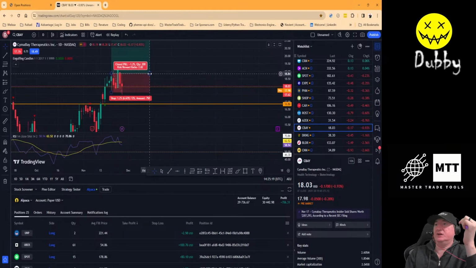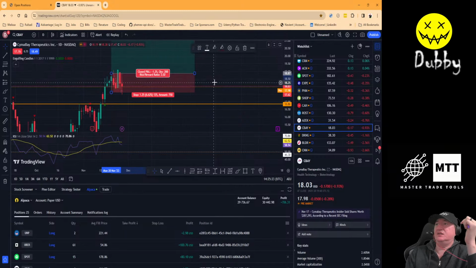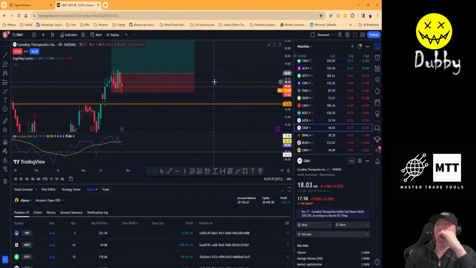Here's hoping. I'd like to see that, but I've seen a lot of volume or a lot of red on this one so far. Not to mention our pre-market movement looks like it's going in the bearish direction as well. Not too much though.